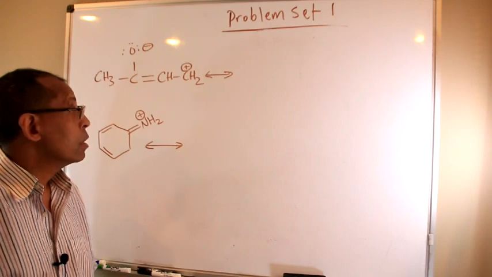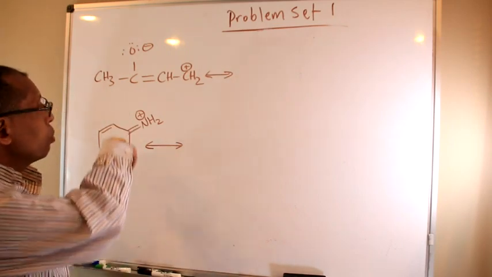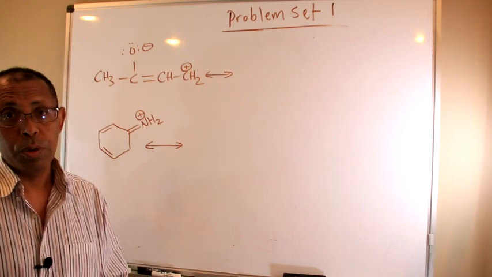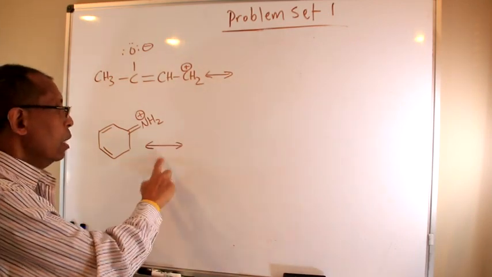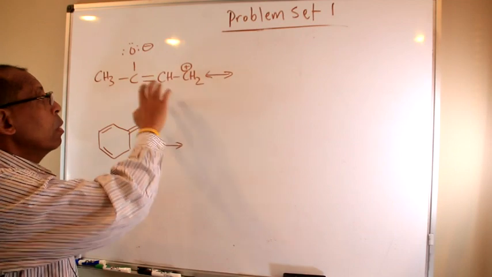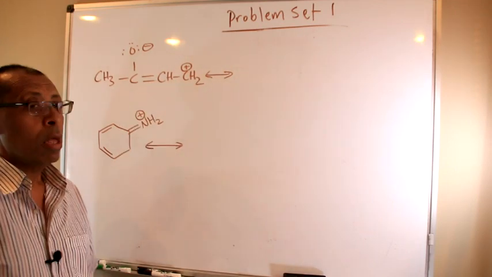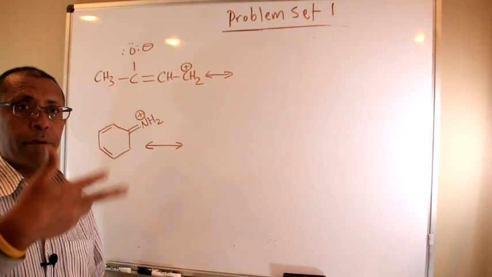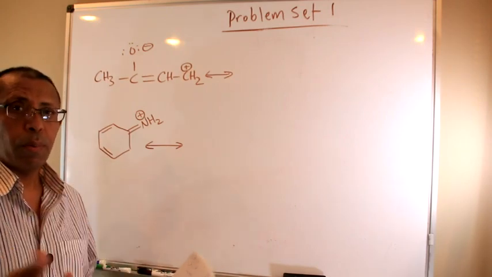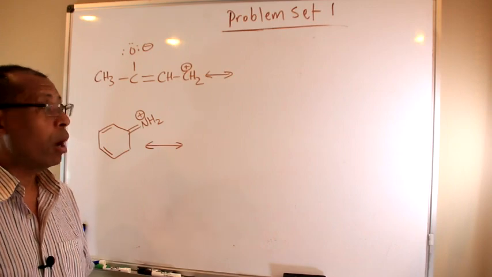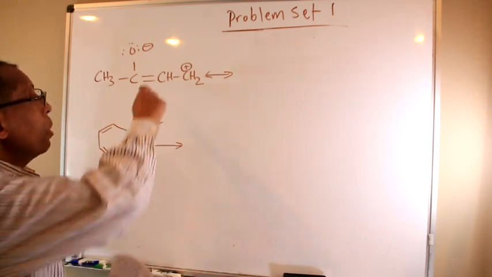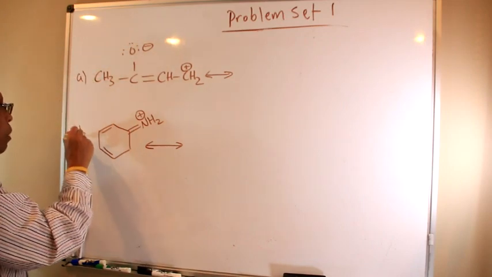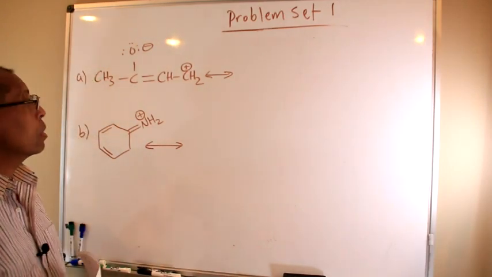All right, here the problems are, these two problems are given, two molecules, and you are required to draw a resonance structure. As you see, these are resonance symbols. So what is a resonance structure? Remember, a resonance structure can be more than two. You can have more than 2, 3, 4 resonance structures for a given molecule. But here the problem is asking you for compound A and B to draw a resonance structure.